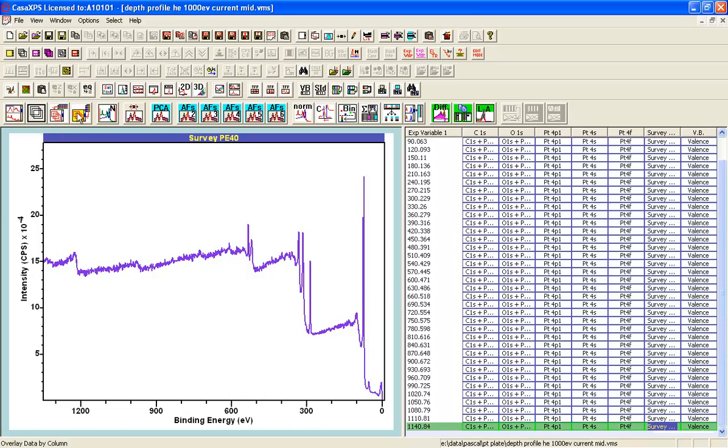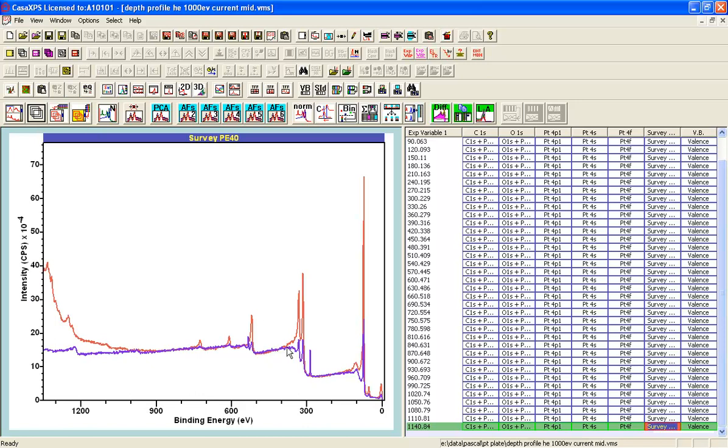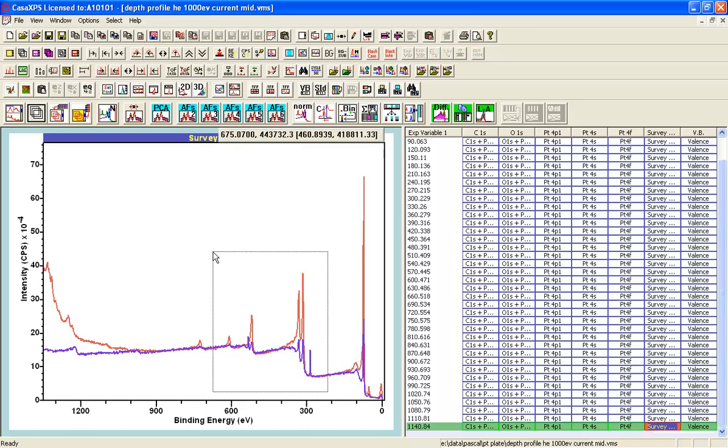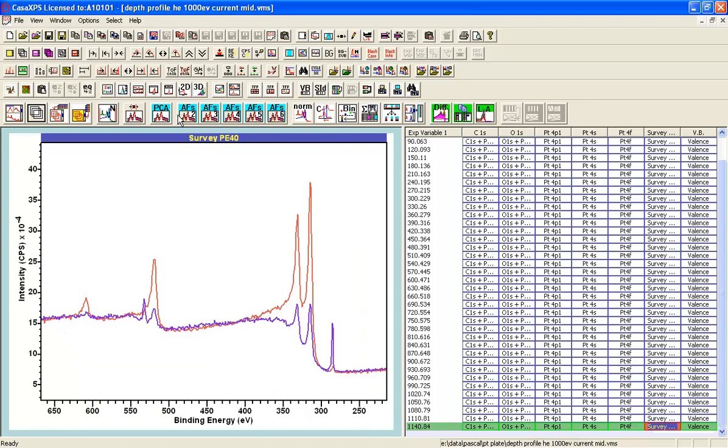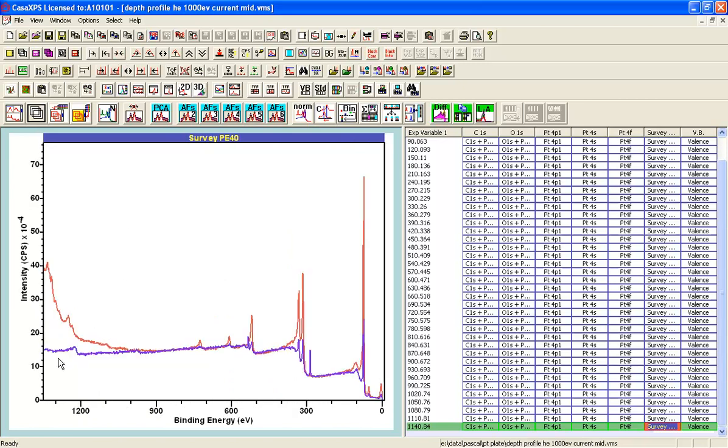If I overlay these two, you see this as received surface has the contamination, and more importantly we can see that before sputtering there's very little evidence of any of the structure we see here, and this structure represents Auger signal from platinum, and we don't see that because of the overlayer, and that is a consequence of escape depth, because the overlayer is sufficiently thick that all signal from the platinum is attenuated and we only see a carbon Auger peak.